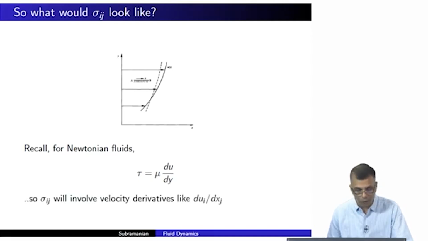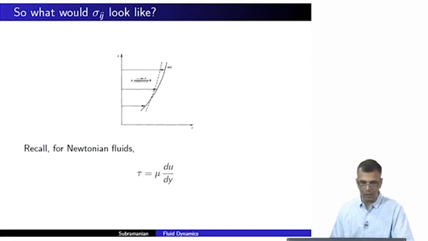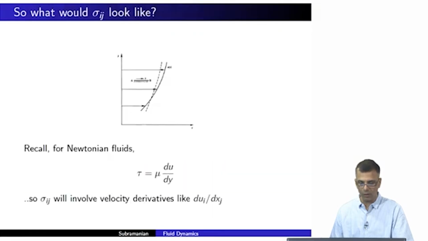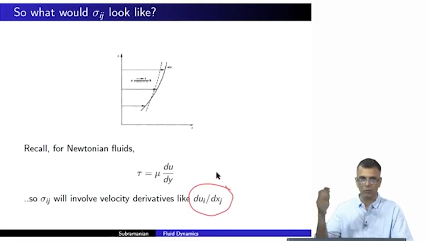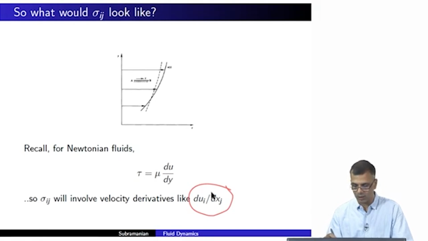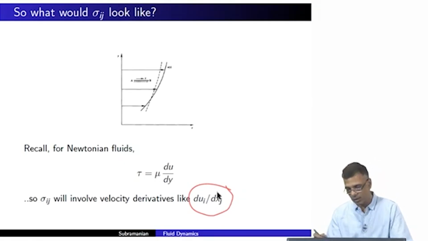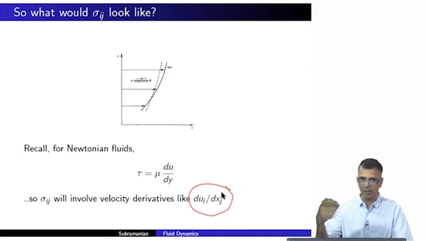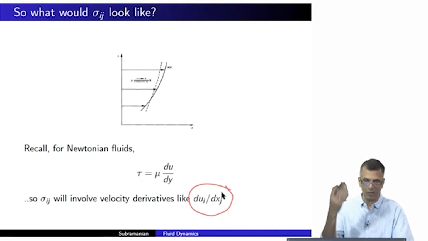Now this mu need not be the same for xy as it is for yz. It need not be the same, but just to motivate the idea, it's good to go back to this kind of one-dimensional treatment. So clearly the sigma ij's, these off-diagonal terms, will involve velocity derivatives like du_i dx_j, where i and j can be any of x, y, and z. So for instance, this could be du_x dy, du_y dz, and so on and so forth.